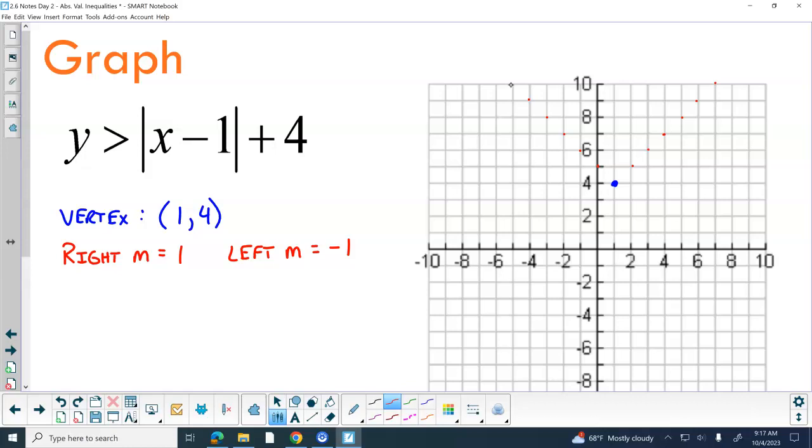Solid or dashed rays? Dashed, because it's just greater than, right? Okay. So dashed rays.